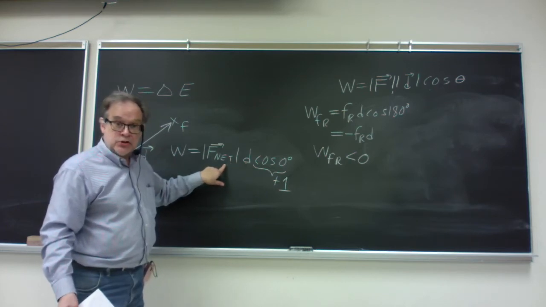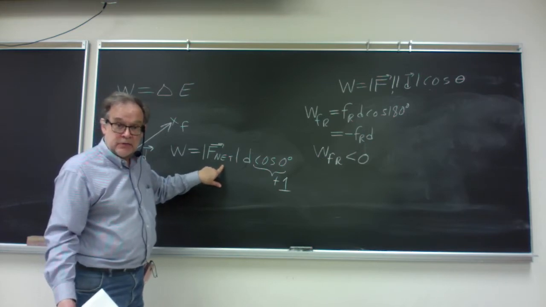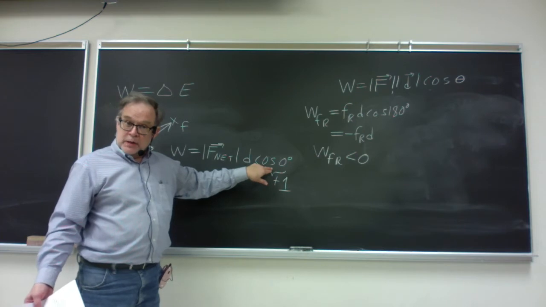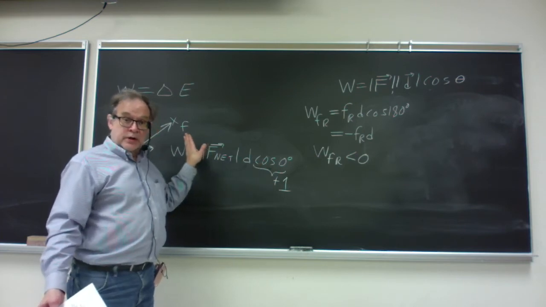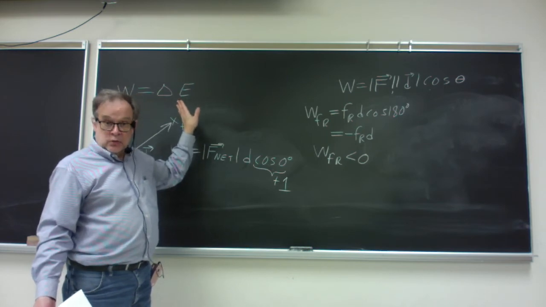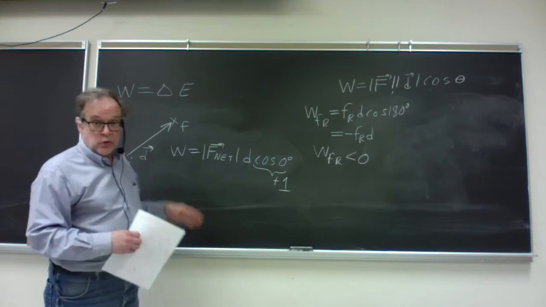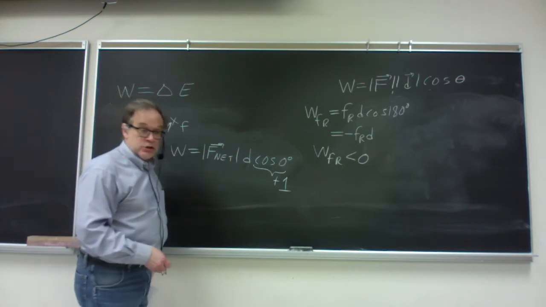This is a magnitude, a size, or an absolute value of force, so that's a positive number. And of course there's a positive number as well, so the work done by the net force in this case is positive work. The thing that feels this net force has an increase in its total energy.